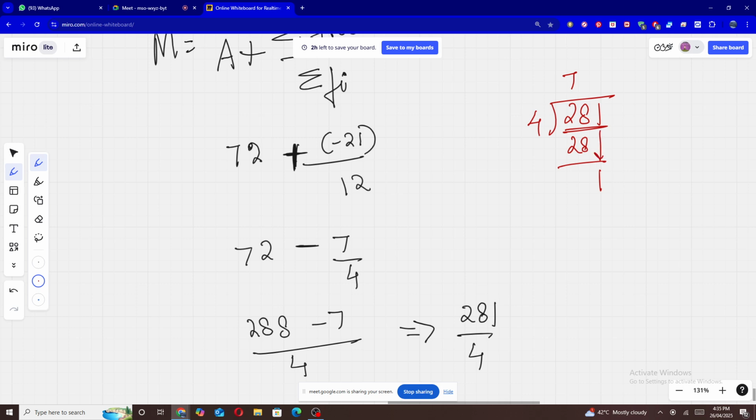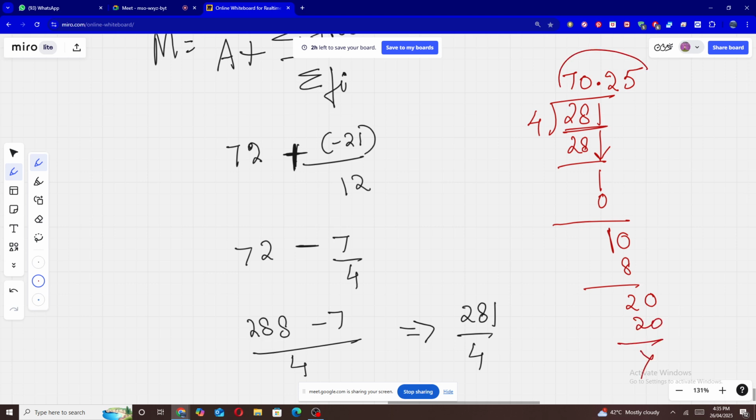You brought it down. So 4 zeros are 0. After that, 1 comes here, it's a remainder. Then you put decimal, give a 0, and 4 twos are 8, 2, and then 4 fives are 20. This is how you do division.